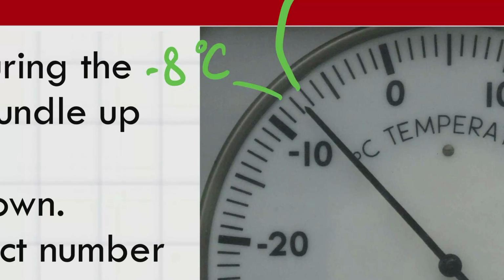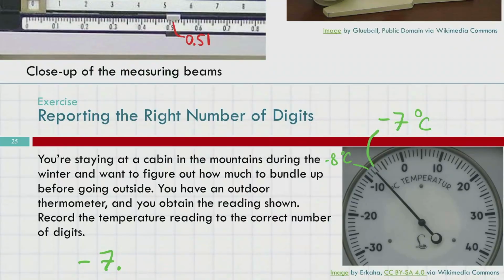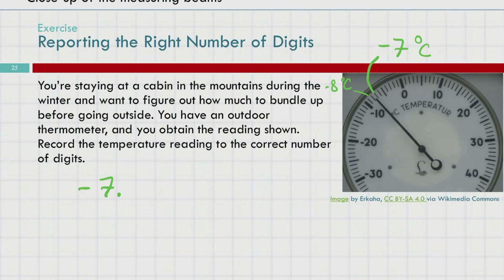How do we feel about that? You might even say -7.5 or -7.8. So something like that. Questions about making these types of measurements? We'll be doing these for a lot of our labs.